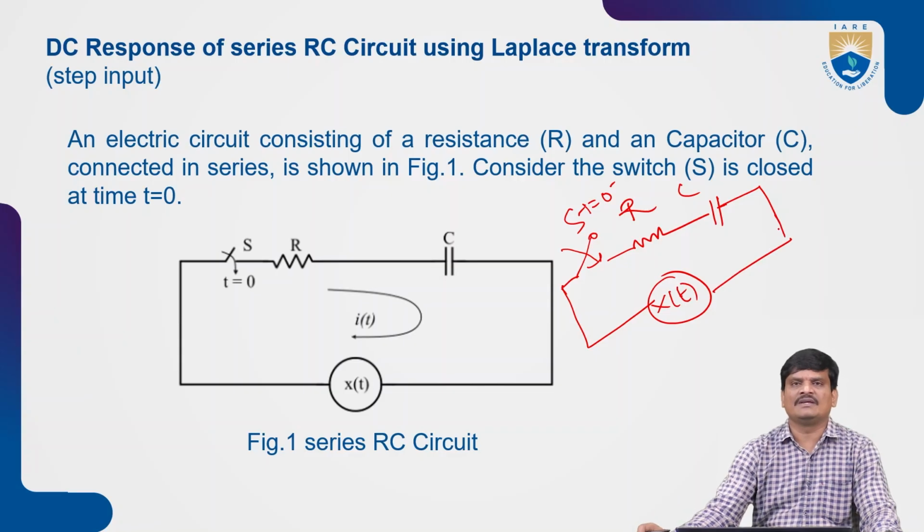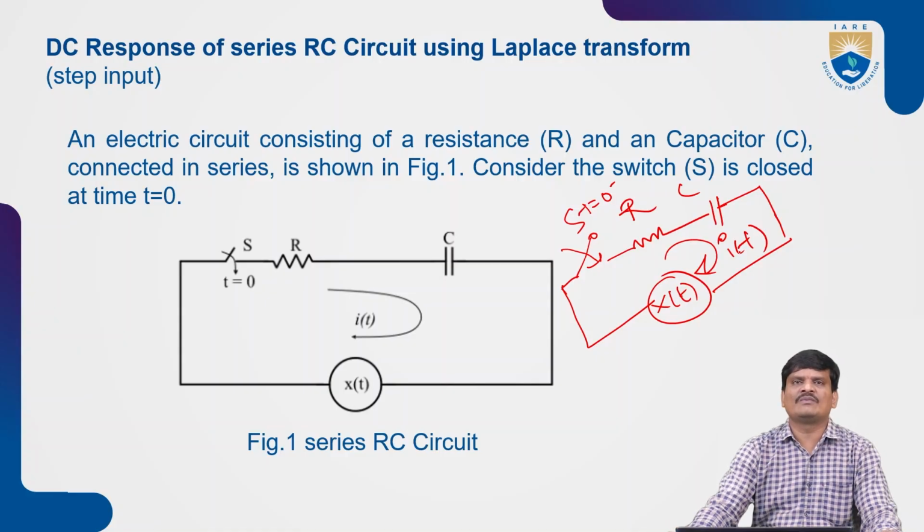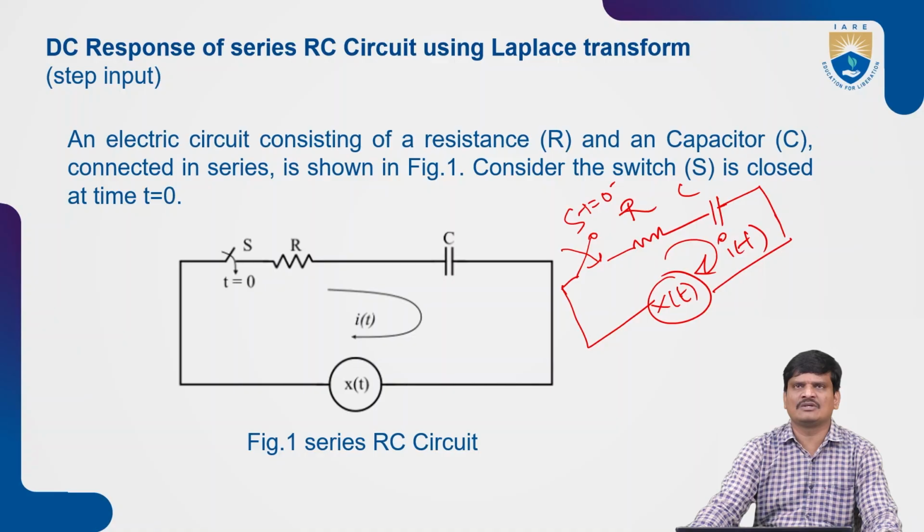So I am giving the step value as an input to this circuit where R and C are connected in series. Let me say that the current flowing in the circuit is some i of t. So this is the circuit diagram I have considered in order to calculate the DC response of a series RC circuit by using the Laplace transform method.